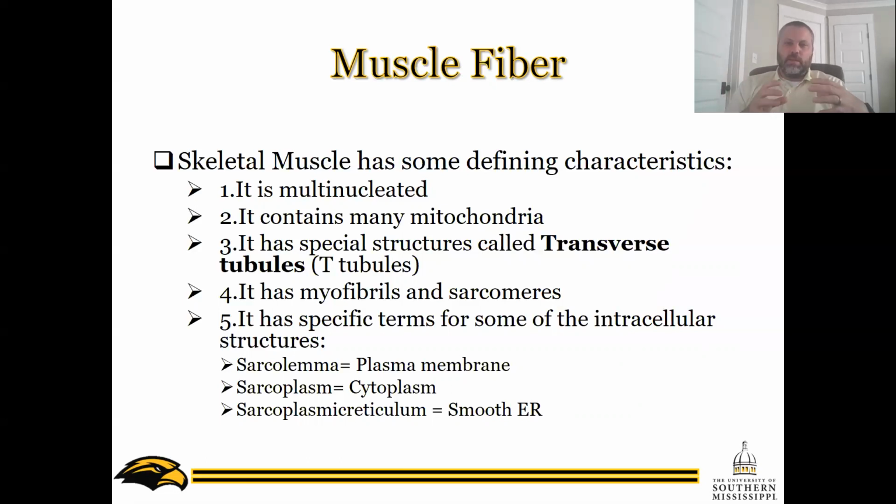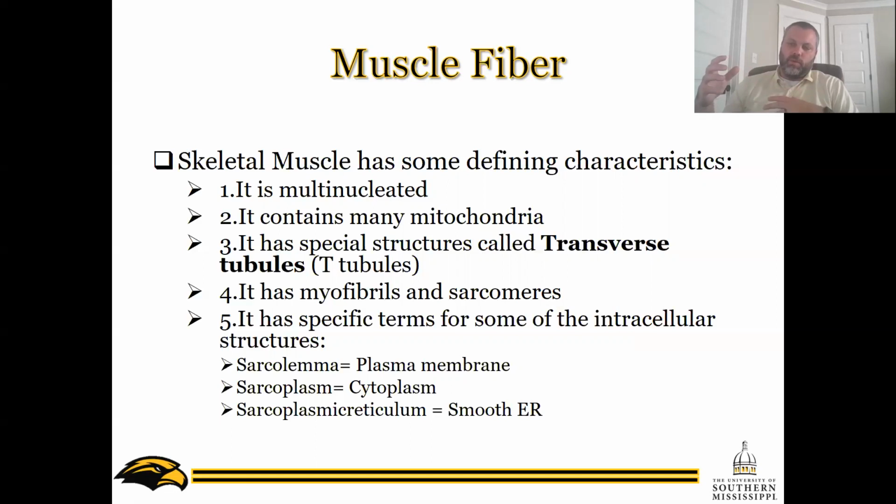It's also going to contain many, many mitochondria, the powerhouse of the cell that we've all heard about over and over again. When we get to bioenergetics, we'll see why that's really important. But this transverse T tubule is a very special structure in terms of giving muscle fibers their defining characteristic.